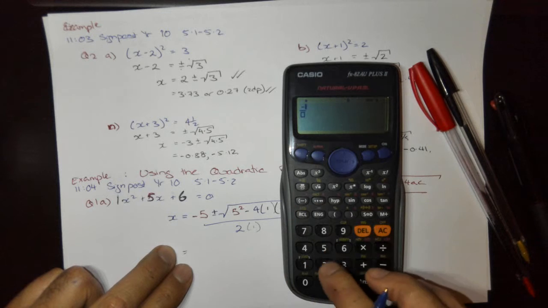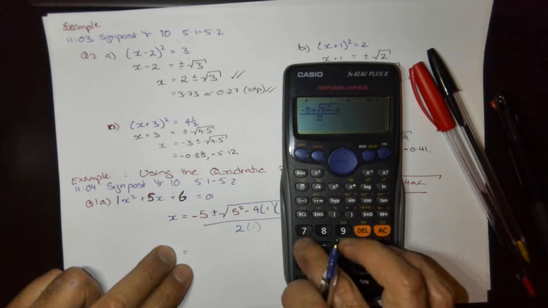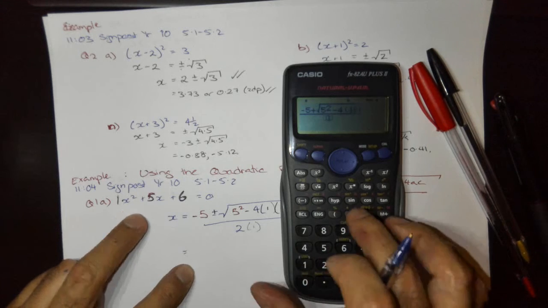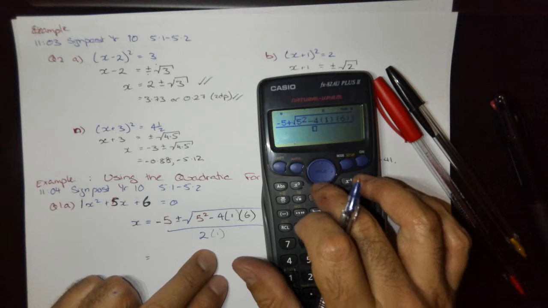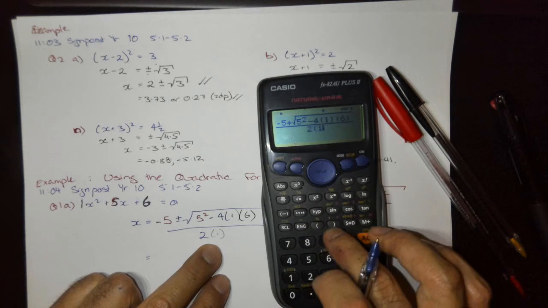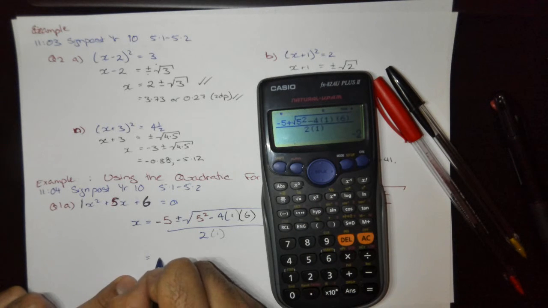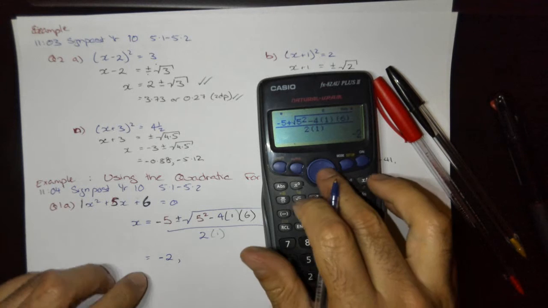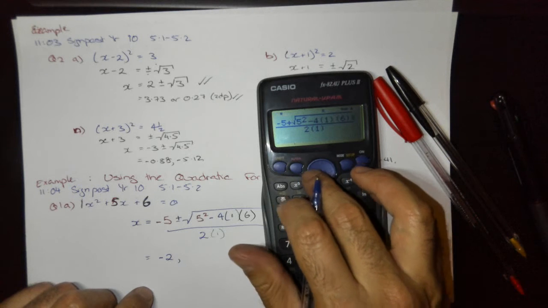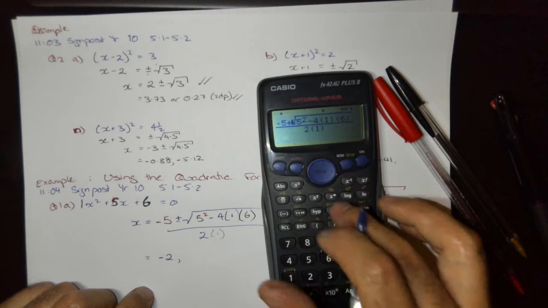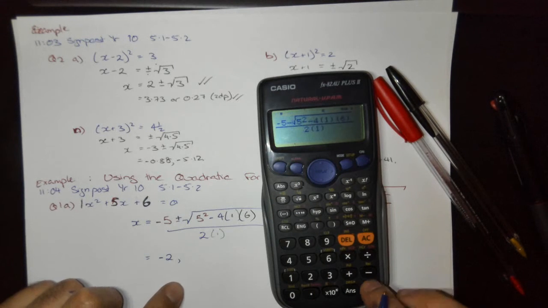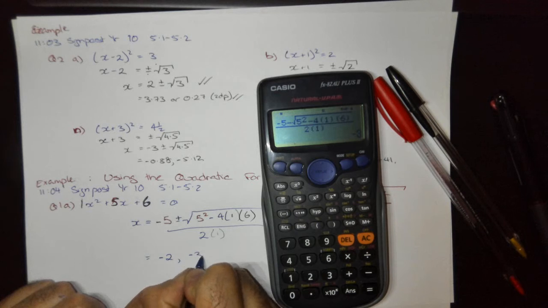Alright, if I plug that into my formula, so minus 5 plus square root 5 squared minus 4 brackets 1 close brackets bracket 6. Okay, jump down to 2 lots of 1. I get minus 2. Go back into my equation. Change that plus to a subtraction, and we get negative 3.